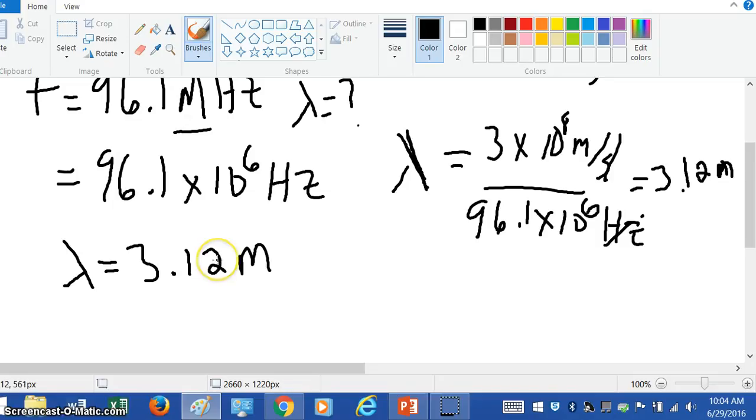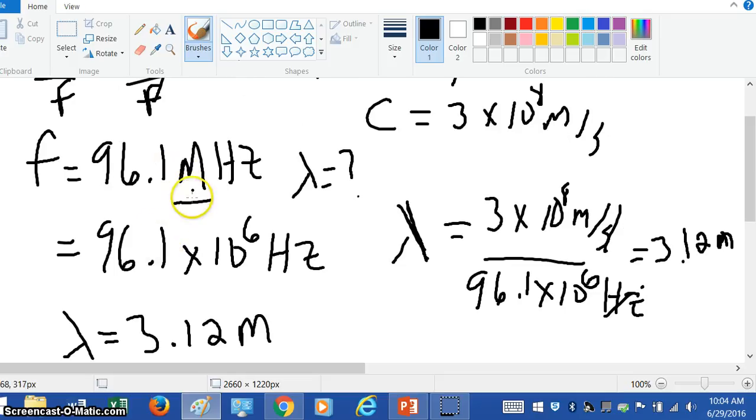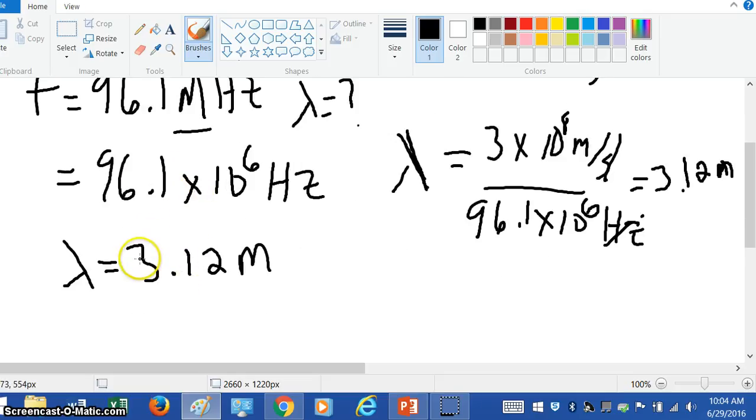Now, in a car you're not physically changing the size of the antenna. It does that electronically with devices called capacitors and inductors. So when you tune in this station, you're electronically changing the wavelength to be this size. It's actually 1/4 this size, but that's more of a technical issue. Anyhow, so there's our first problem.